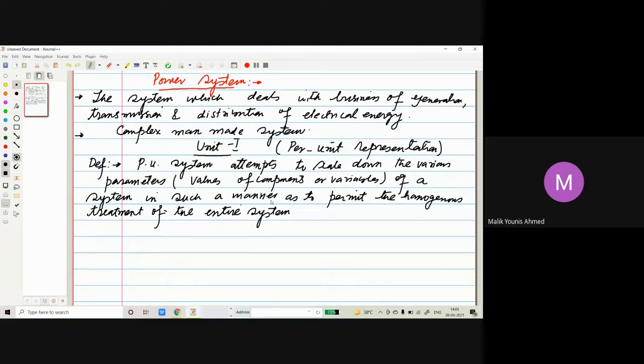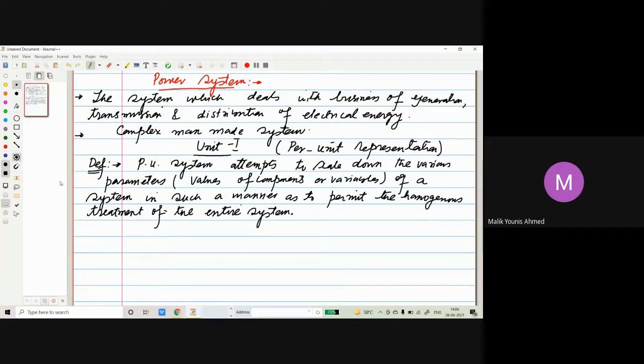That discontinuity will be negated in the sense that we treat the entire system homogeneously, and the voltage levels will be calculated as per the base values. We'll come to those base values. In a nutshell, the values will be narrowed down, and that narrow range will be from 0 to 1. So that's the per unit system.